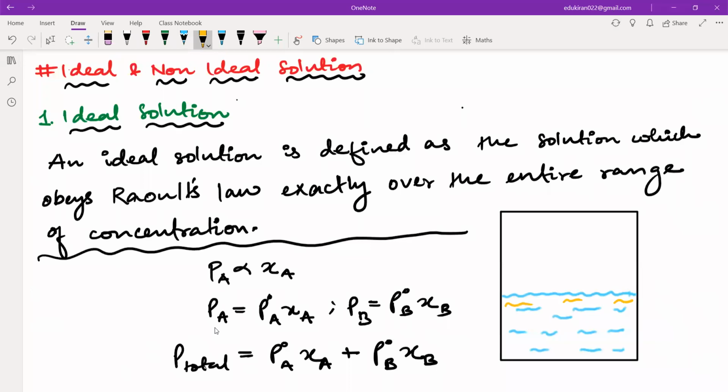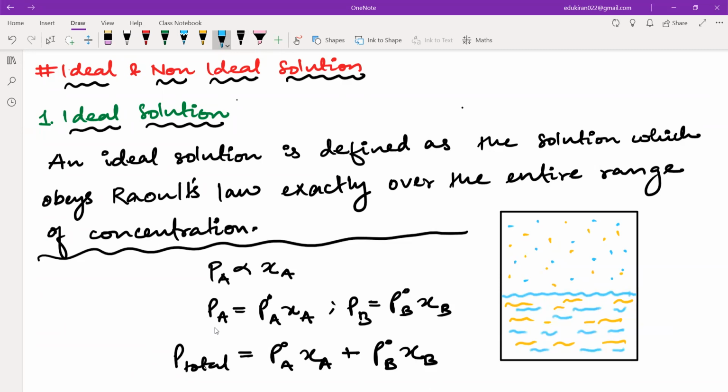Now let us understand. We have got two liquids here, and there will be two different kinds of vapor particles here, and two different kinds of gas particles here. Let us take a simple case.